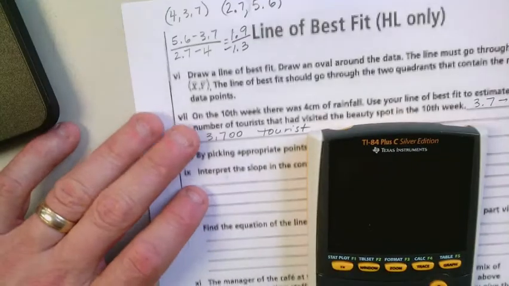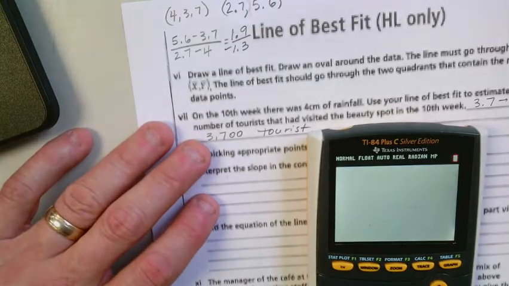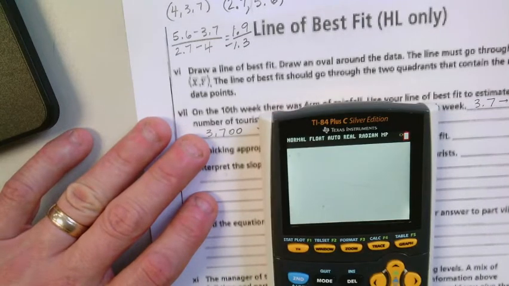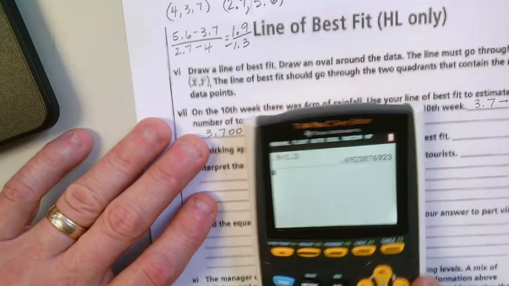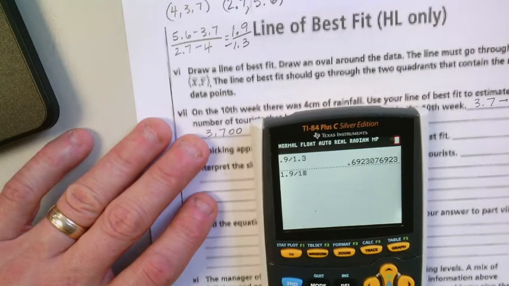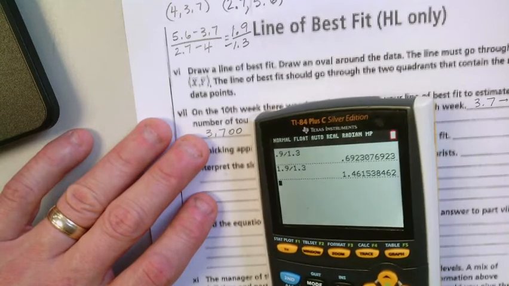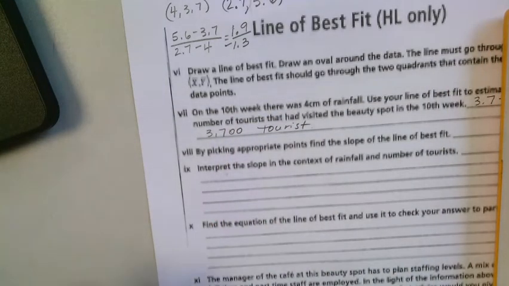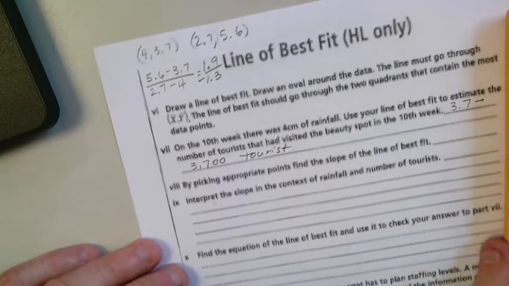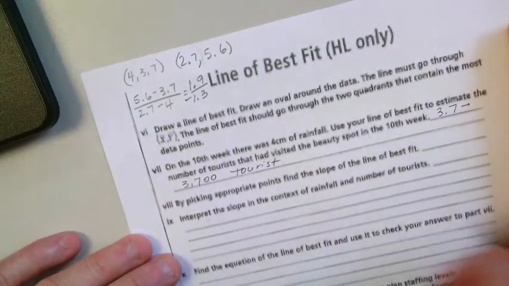Now, I know I don't normally tell you to leave those as whole numbers, but I'm actually going to calculate that out. 1.9 divided by 1.3 will be a negative because one's positive, one's negative. A negative 1.46. So again, negative 1.46.